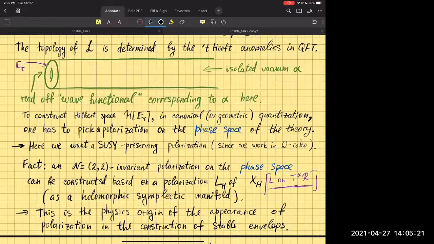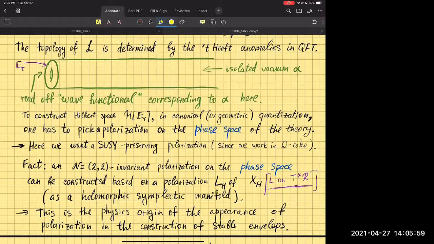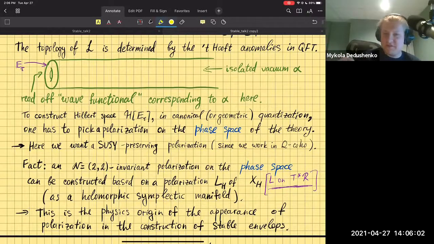But yeah, this fact that I didn't explicitly explain but just said in words is that supersymmetry relates you, so in quantizing, for each scalar field you're picking either you fix its value at the boundary or its normal derivative at the boundary. And then your wave function or wave functional depends on these boundary values.